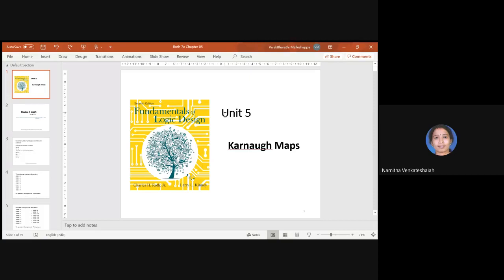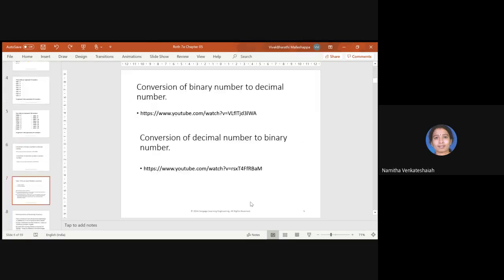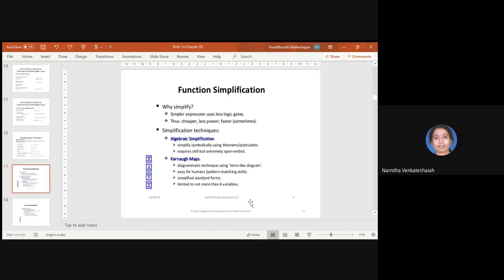Write down: since algebraic simplification is tricky, and it does not always give you the correct minimum form, that's why the solution is Karnaugh maps. Using these Karnaugh maps, we will be able to simplify any sum of products or product of sums problem very easily.